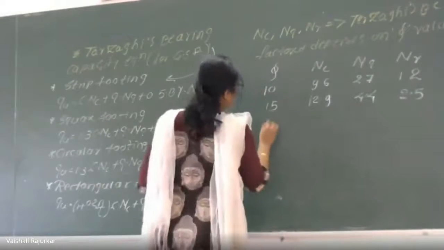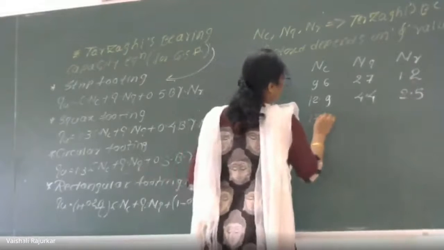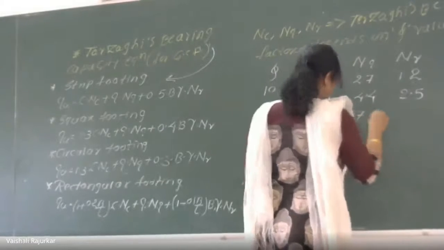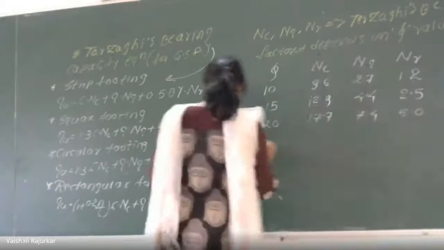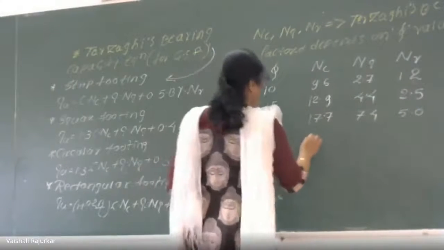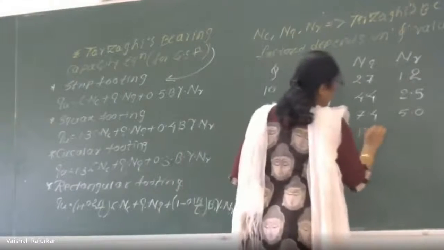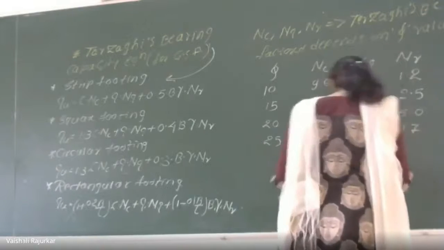Then when it is 20 degree, it is 17.7, 7.4 and 5.0. Then if there is a 25, then it will be 25.1, 12.7 and 9.7.